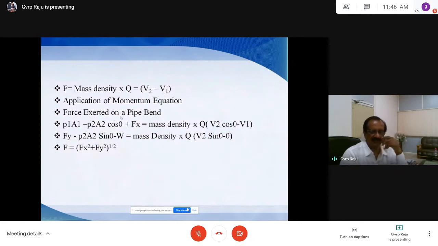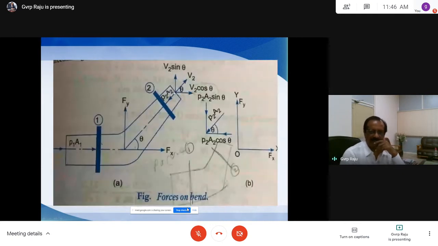So this is the sum of the forces in the x direction, which is equal to mass density into discharge into final velocity V2 in the x direction minus V1 in the x direction. So then find out the velocity in the x direction. The velocity V1 in the x direction is V1. The velocity V2 in the x direction, acting in the positive x-axis, is V2 cos theta.